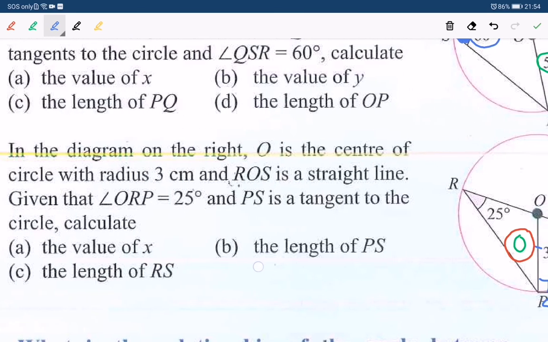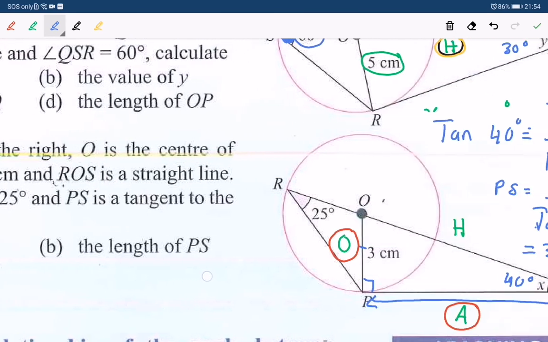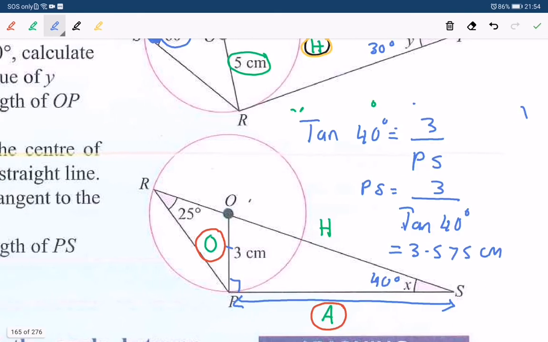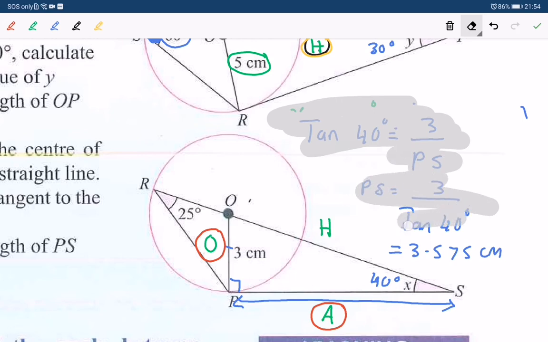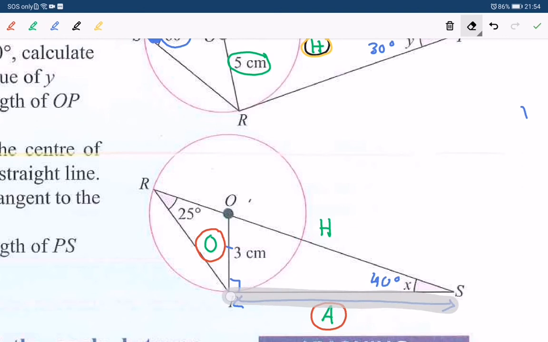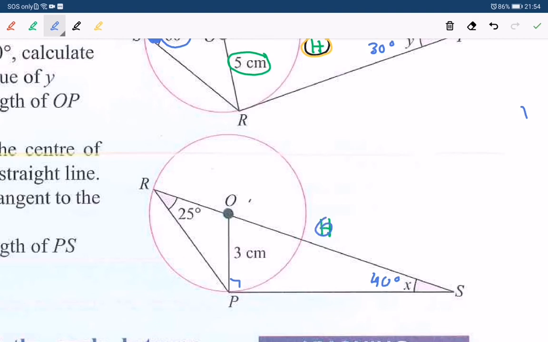Next, they ask us to find the length of RS. I erase everything first. We continue to question 2C. Now we want to find RS. Look here.